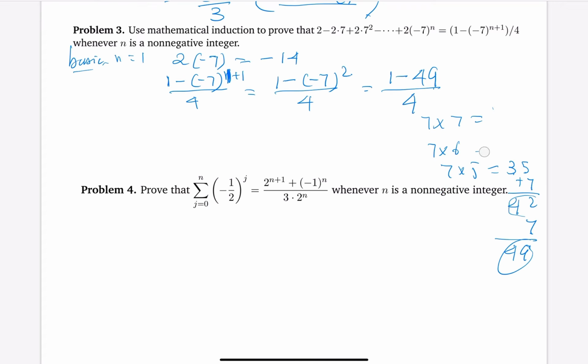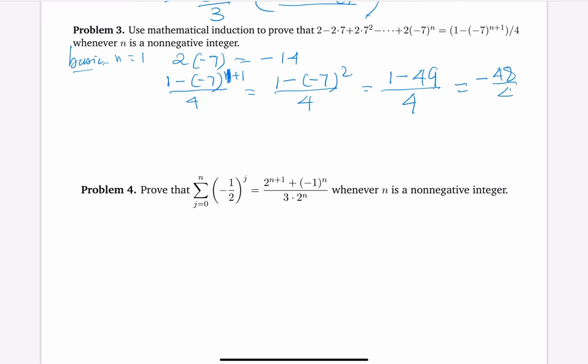Now check here. Now you have negative 48 over 4. And negative 48 over 4, you can tell is negative 12.